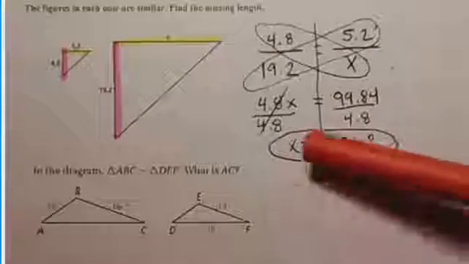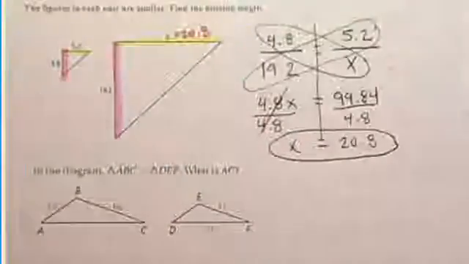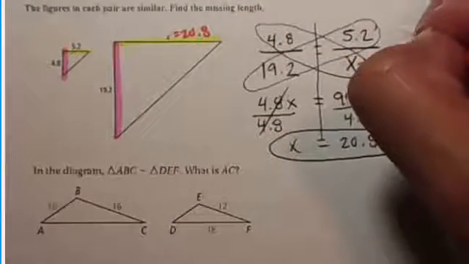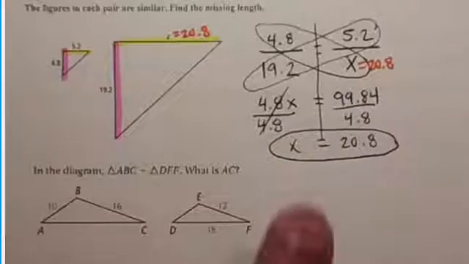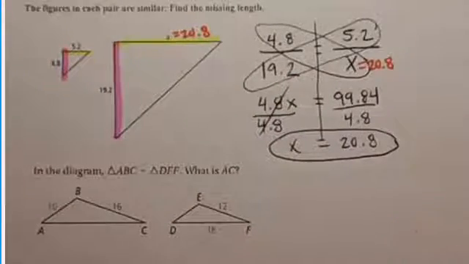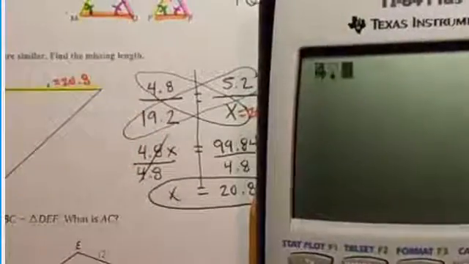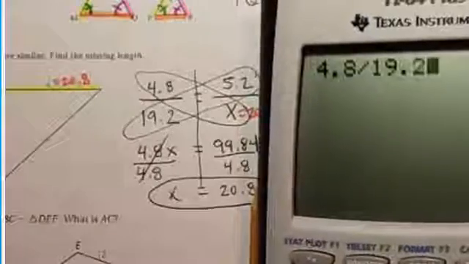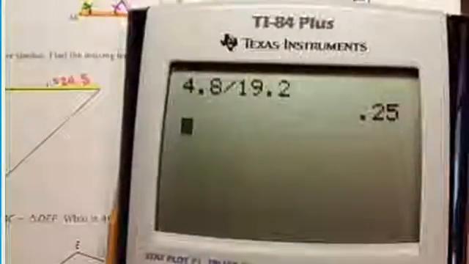Now, let's double check. If I found that X is 20.8, I'm going to label that back on my picture, also right here. Because again, a proportion means they're equal on both sides. So if I take this first fraction, 4.8 divided by 19.2, that gives me 0.25.